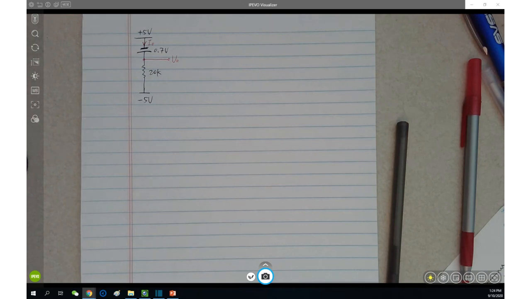V naught is correct as 5.7 volt as well. Good job, Shane.